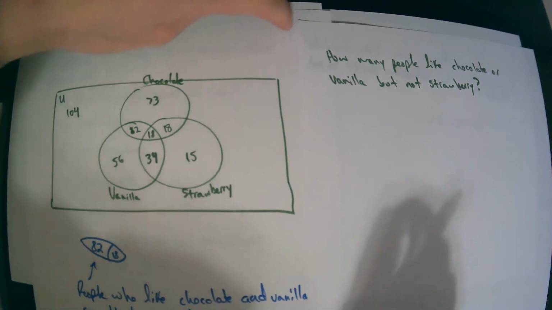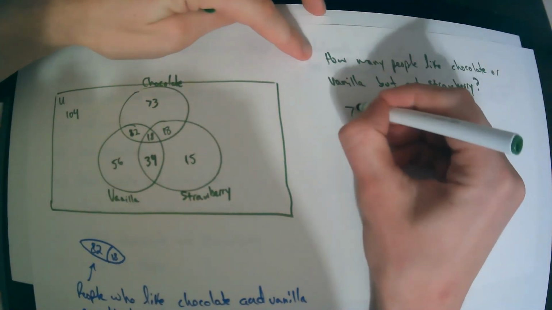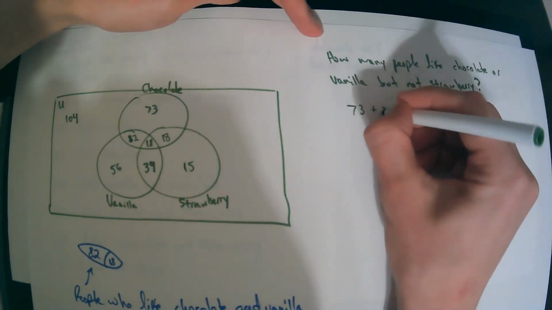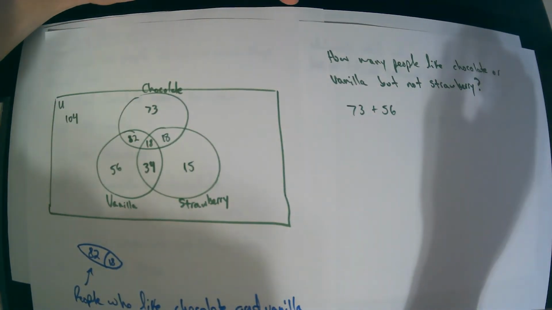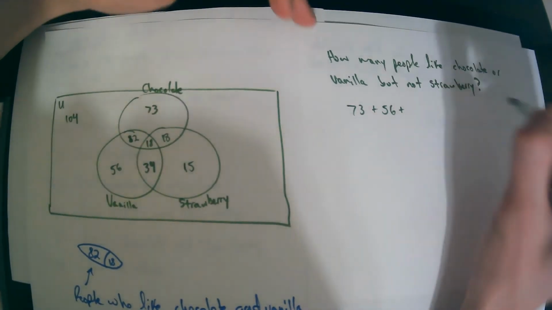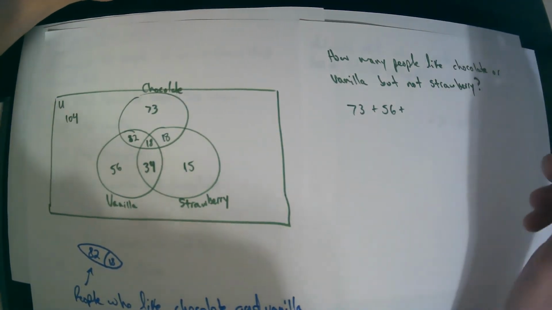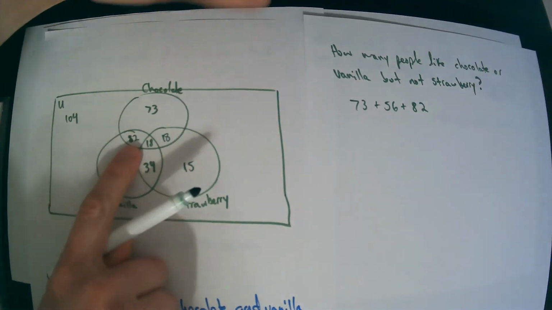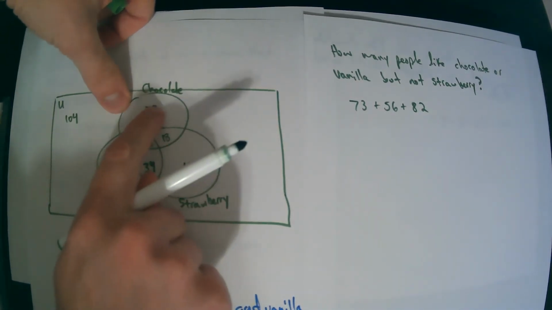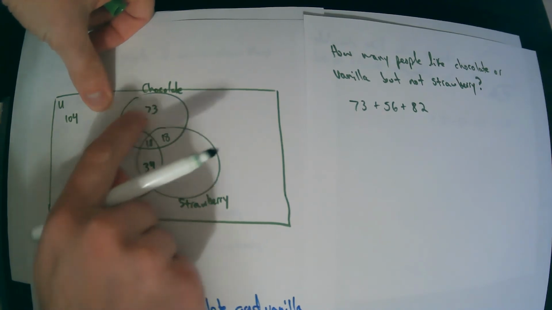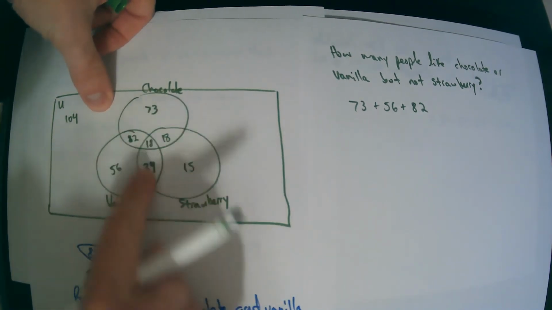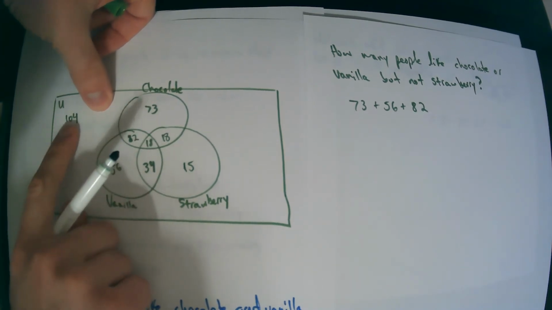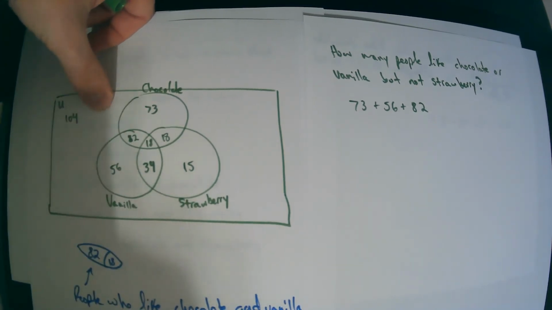Well, that would be the 73 that strictly like chocolate, right? The 56 that strictly like vanilla, or the intersection of chocolate and vanilla, but not strawberry, which is that 82. So we're adding basically all the numbers that are not in the strawberry circle. Or out here, obviously. We're not adding that either.